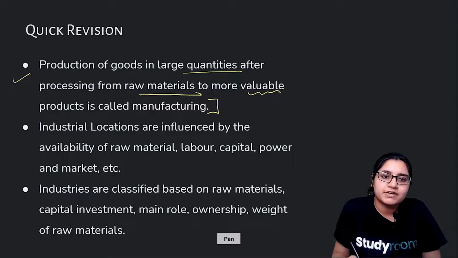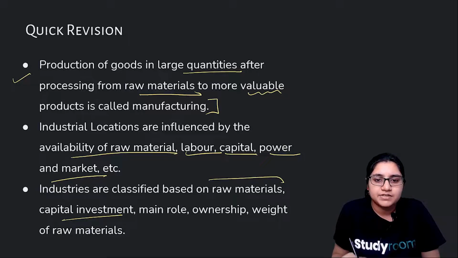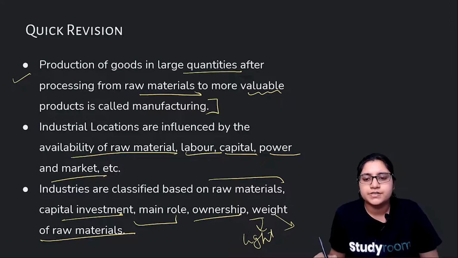Industrial locations are influenced by availability of raw material, labor, capital, power and market. Industries are classified based on raw materials, capital investment, main role, ownership, and weight of raw materials. We have lightweight and heavy industries also.